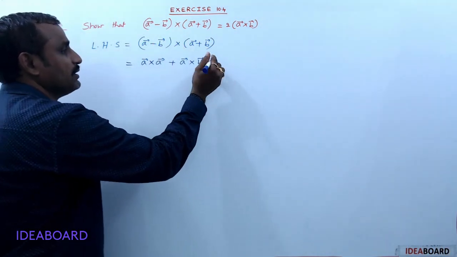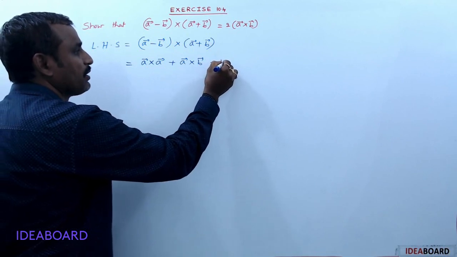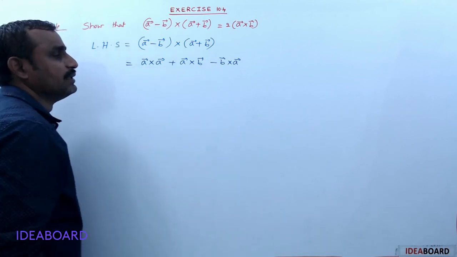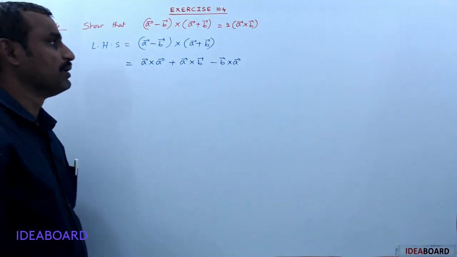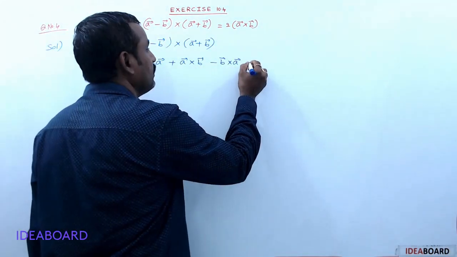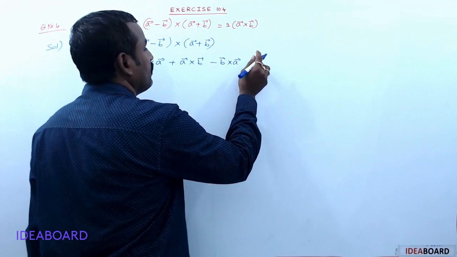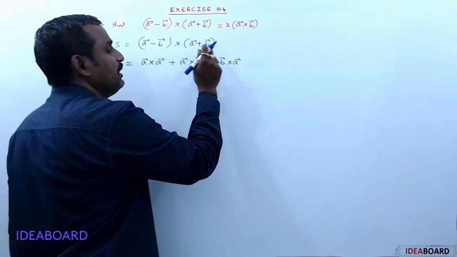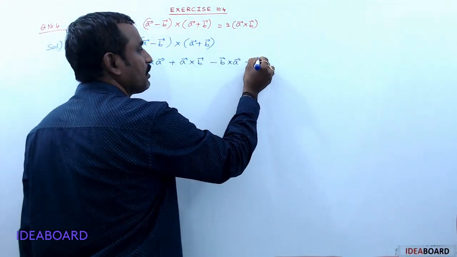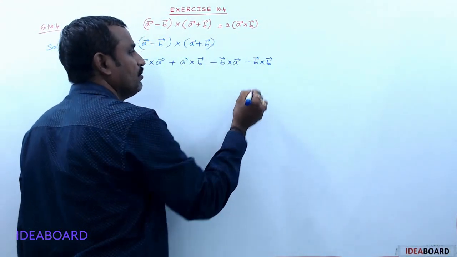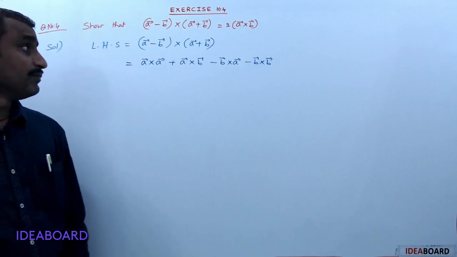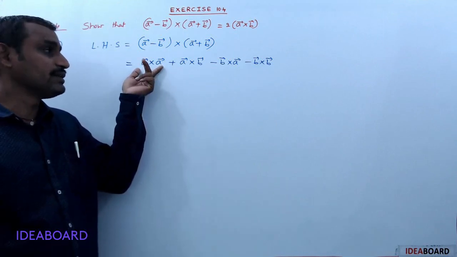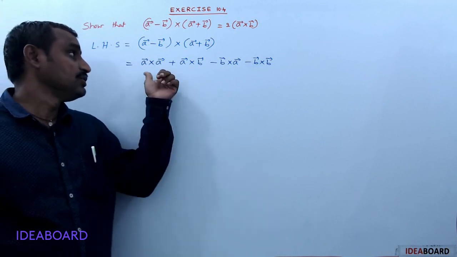Next, minus b bar cross a bar, and here also minus b bar cross b bar. Now, when the same vectors are cross product, the result value is 0 bar.